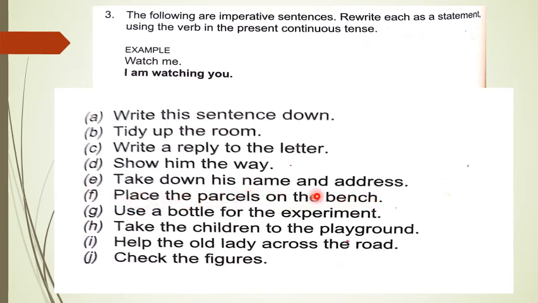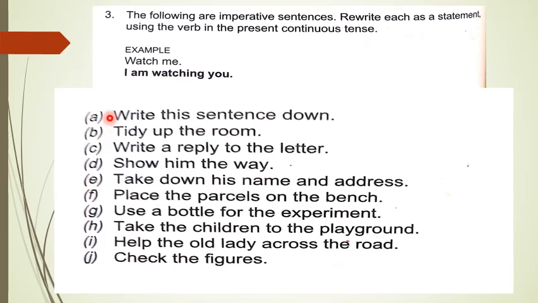He is placing the parcels on the bench. The boy is placing the parcels on the bench, and so on. I can also use the plural subject and convert this sentence as a declarative sentence like the boys are placing the parcels on the bench. They are placing the parcels on the bench, and so on.